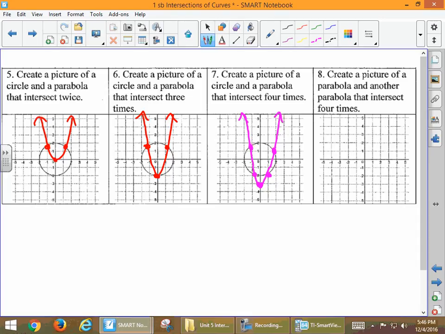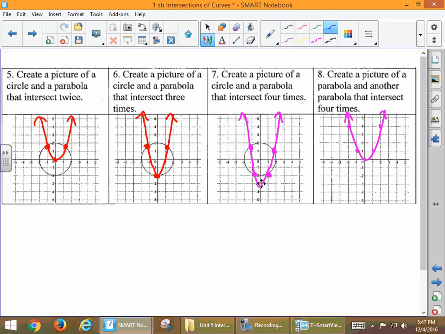And finally it says create a picture of a parabola and another parabola that intersect 4 times. So I drew the traditional parent parabola here. And then we want it to intersect 4 times.